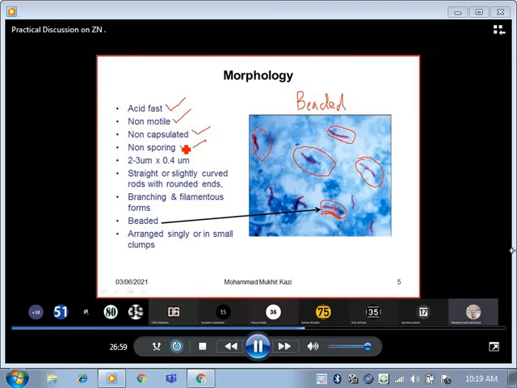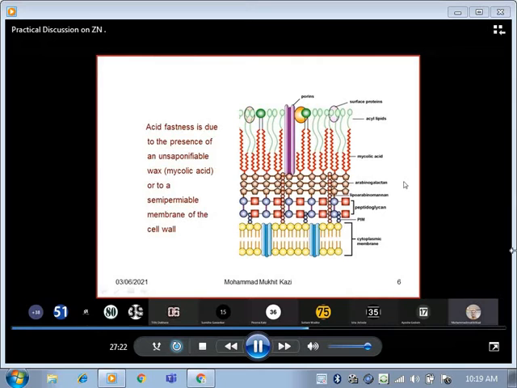We know this sentence when we are attempting the morphological characteristics. All are non-sporing except a few, that is Clostridia and Bacillus. Then we also talk about the size, and a little bit about their morphology, and why they are called beaded: because they do not stain uniformly.